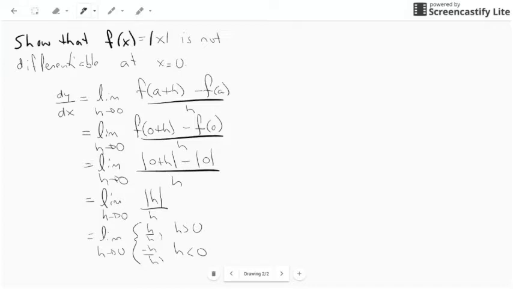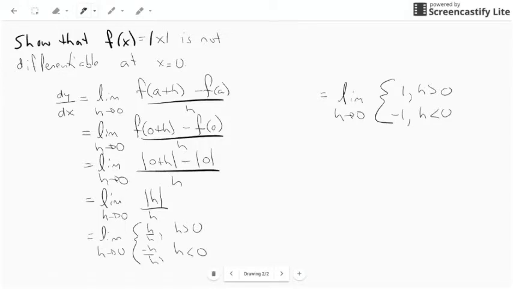That's why I don't include it in the domain in either one of those. The reason for that is because the function is undefined at 0. So I can't include it. So now this is going to be equal to the limit as h approaches 0 of 1, as long as h is greater than 0, and negative 1, so long as h is less than 0.